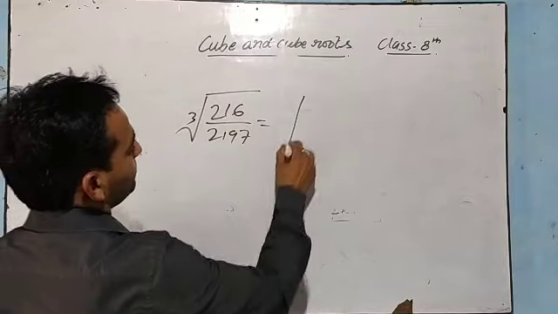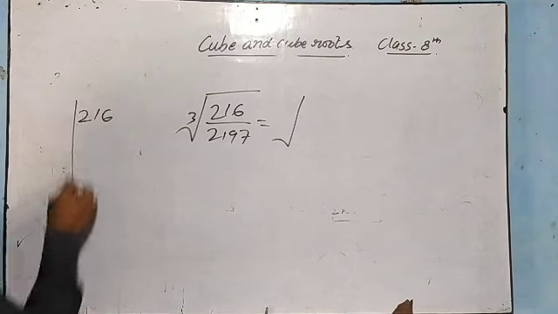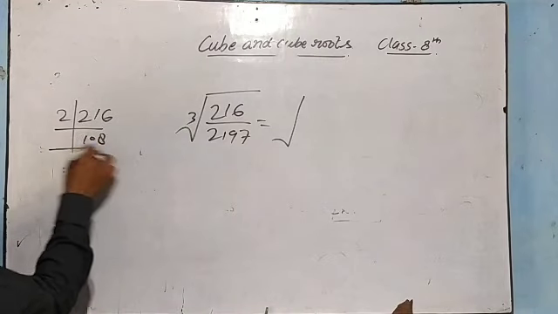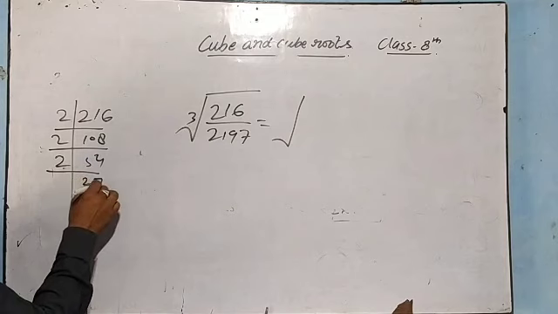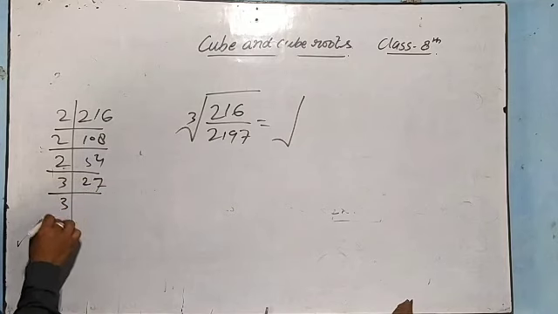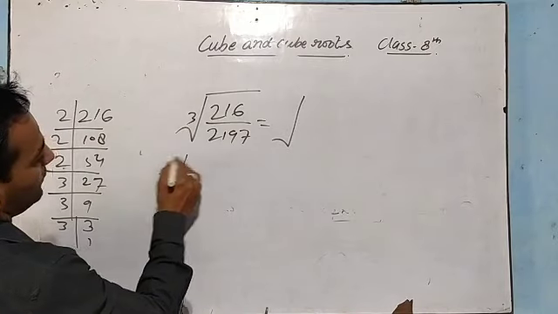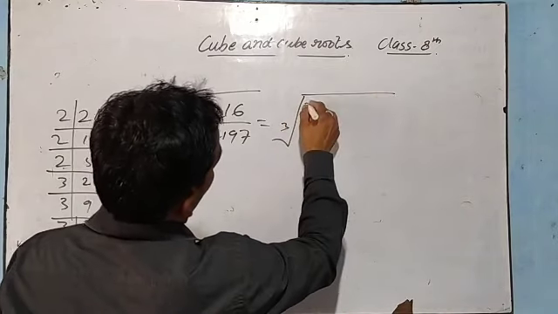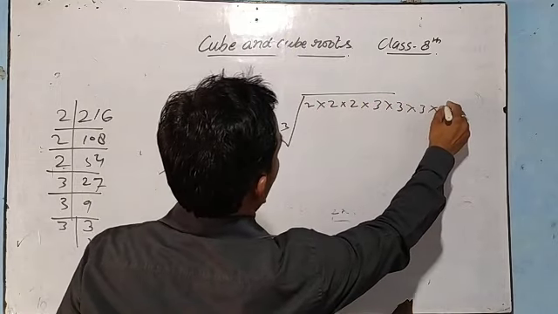This means prime factorization of 216. So 2 3s, 2 2s are 4, 2 7s are 14, so 3 will come. Okay, so we can write 2 multiplied by 2 multiplied by 2 multiplied by 3 multiplied by 3 multiplied by 3.